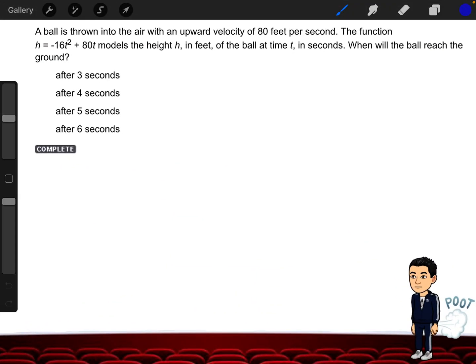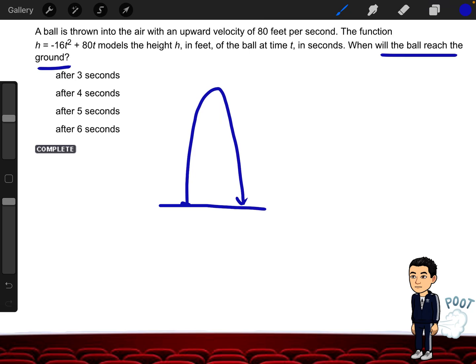All right, so for the last slide, they said that we want to find out when the ball will reach the ground. Okay, so when you toss the ball into the air, because of gravity it's going to come down, right? So for the ground, we're actually going to get two different times. When the height equals 0, we get time 1 and time 2.